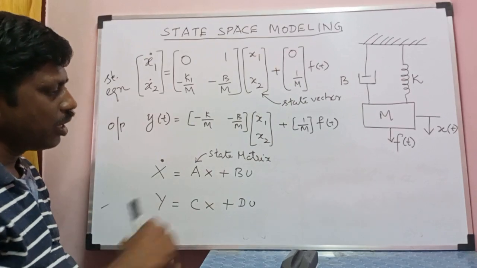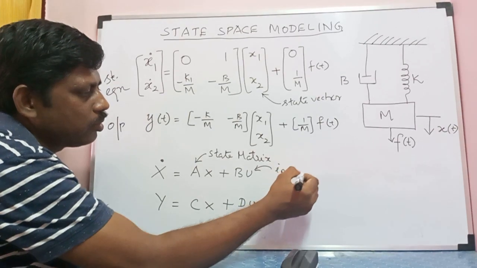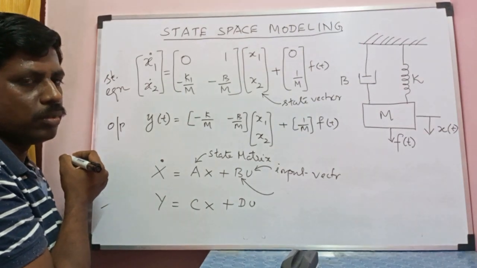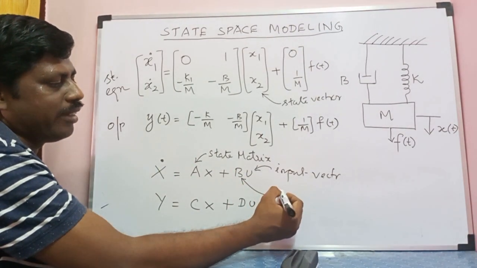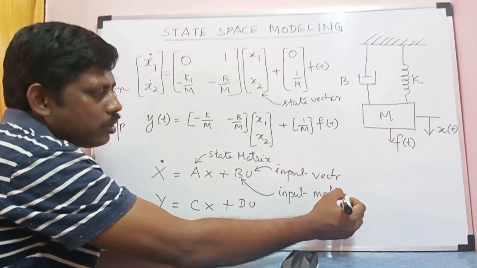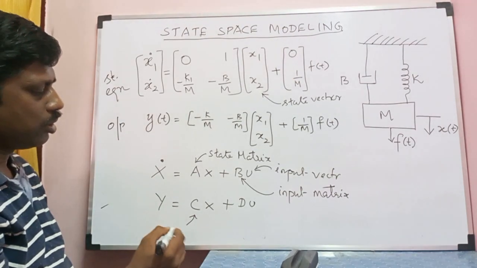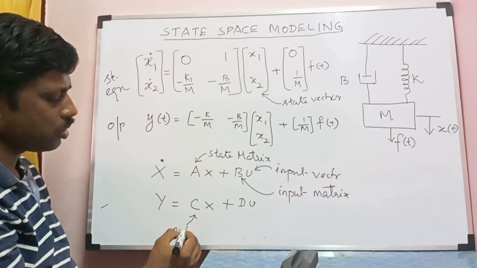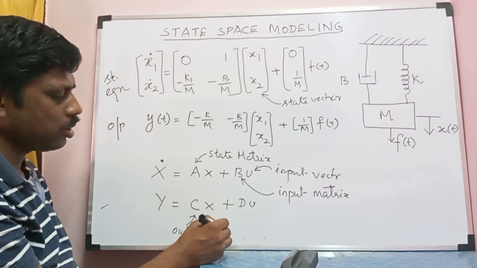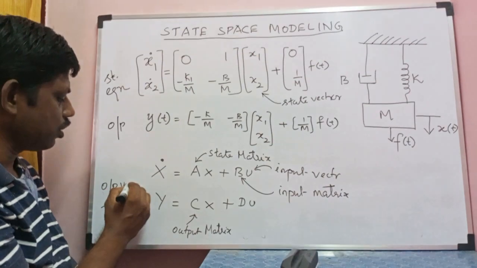This u is the input vector, and this B matrix is what we call the input matrix. This is the output matrix, and this is the output vector.